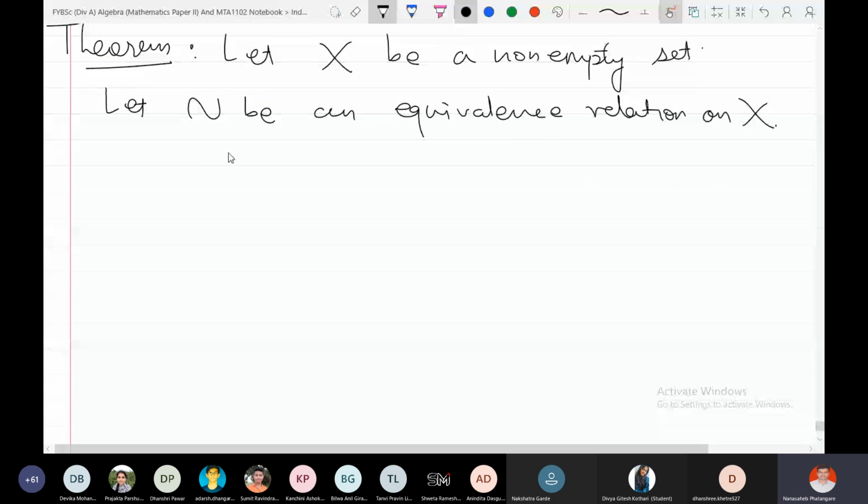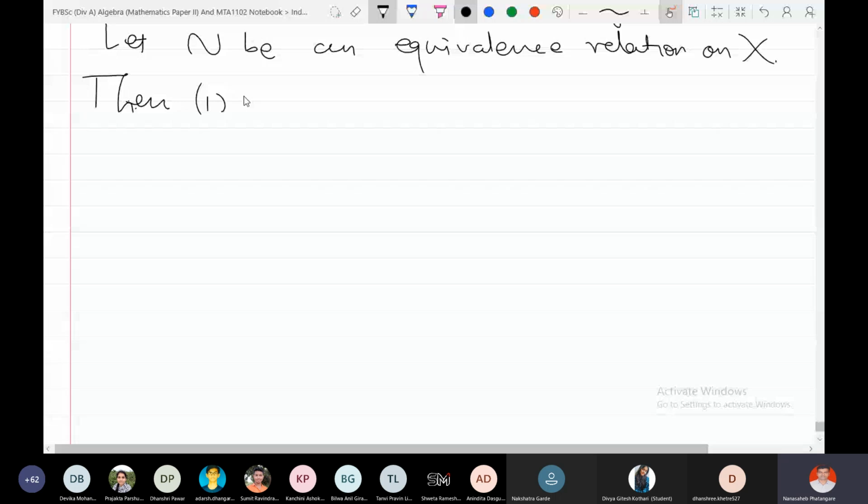Anyway, suppose X is a non-empty set, and suppose tilde is an equivalence relation on X. Then we want to see some properties of equivalence classes. For x in X, x is a member of its class, right? That is, what is the meaning of this statement?